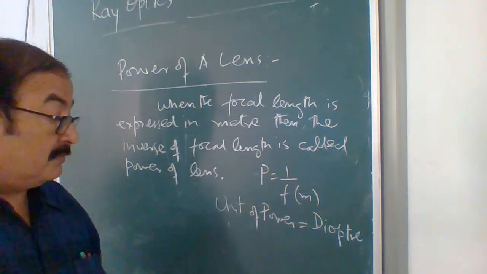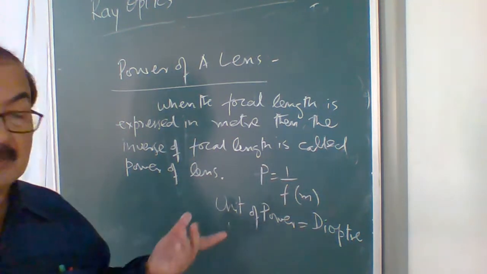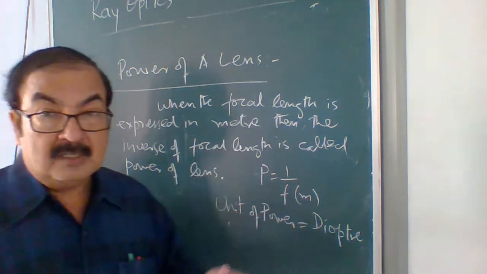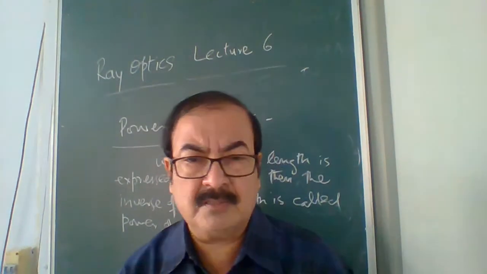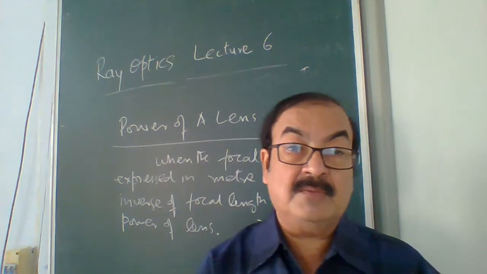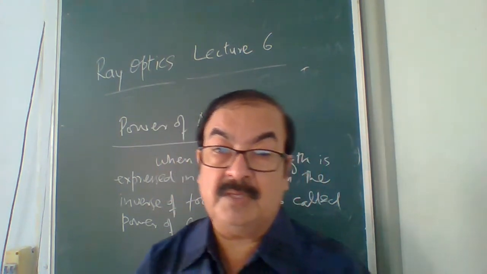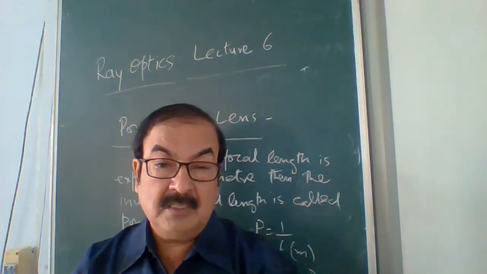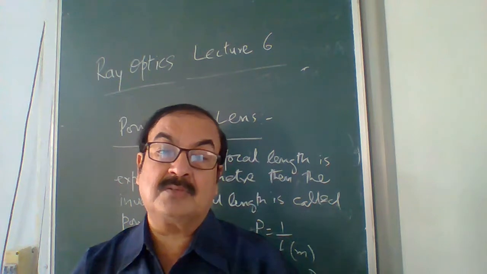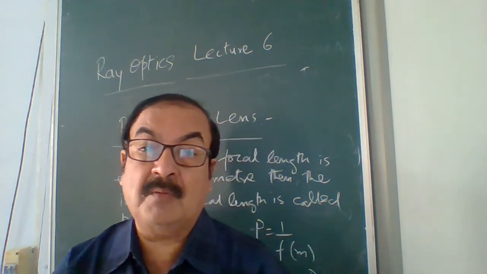That means the unit of power is diopter, and that is always taken as 1 upon meter. In general, we cannot say that the inverse of focal length is power. Remember, it is a very important point to be noted that whenever we have the focal length expressed in meters, then the inverse of the focal length is the physical quantity that we call the power of the lens.